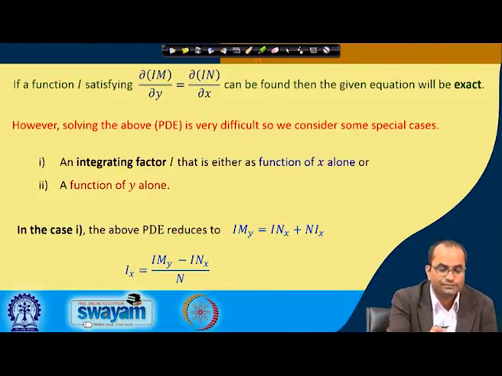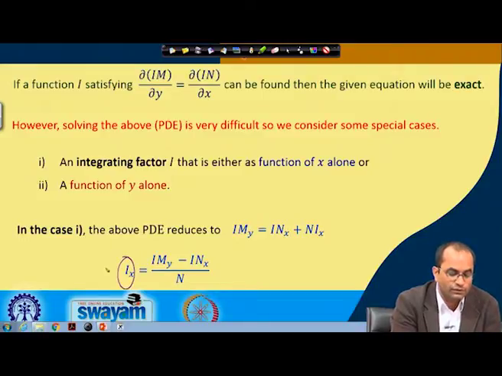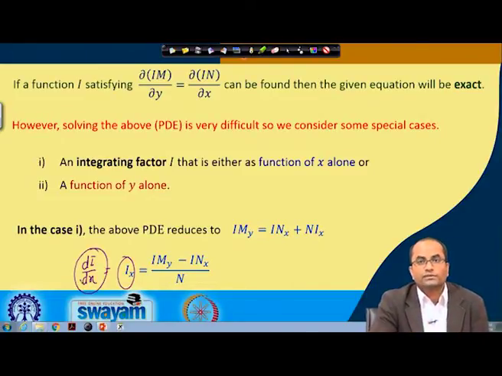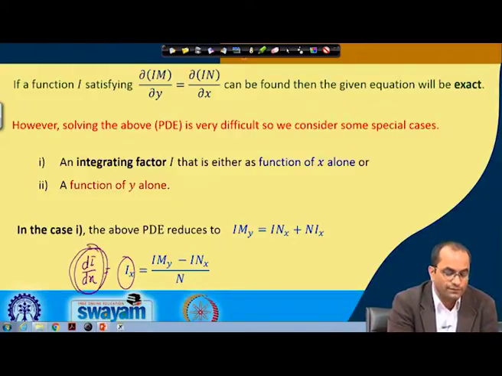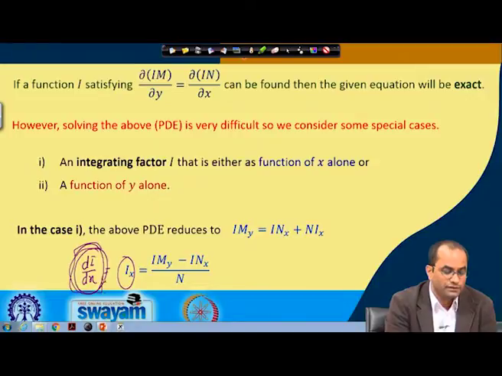The left hand side, because we have assumed that I is a function of x alone, is nothing but the ordinary derivative dI/dx, and this is a function of x. So, the right hand side should be a function of x, at least to proceed from here to solve this ordinary differential equation for I.